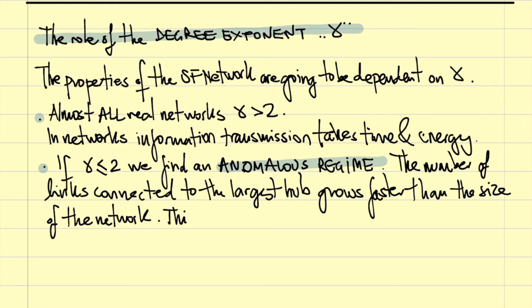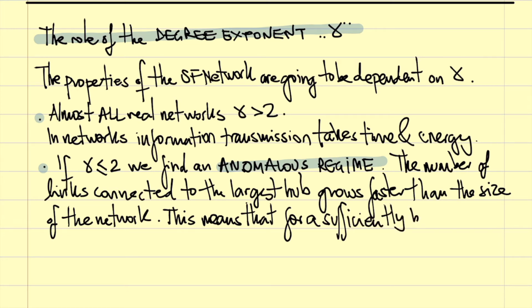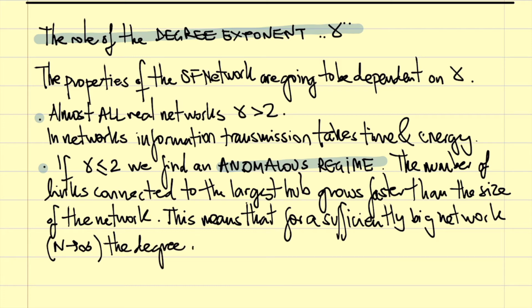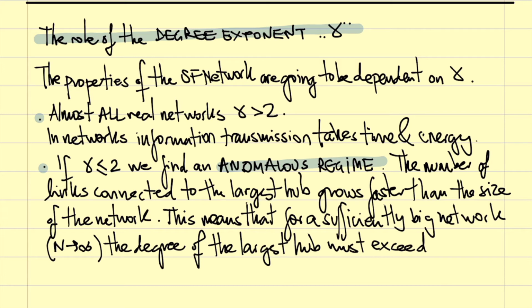This means that for a sufficiently big network, so n tending to infinite, the degree of the largest hub must exceed the total number of nodes.